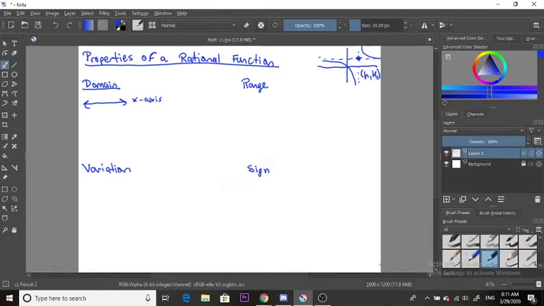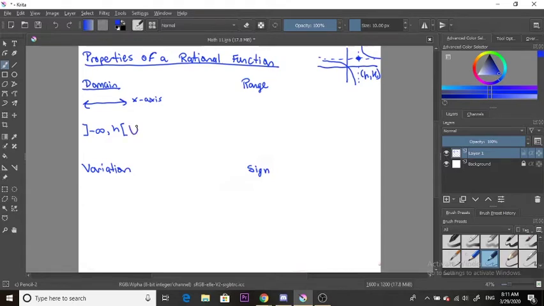So the domain for any rational function will be given as negative infinity to h. Now, because h is our asymptote, it does not actually exist as part of the function, so our bracket must be facing away, just like with the infinity. So this set describes the left side of our rational function.